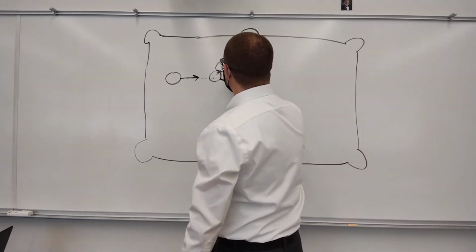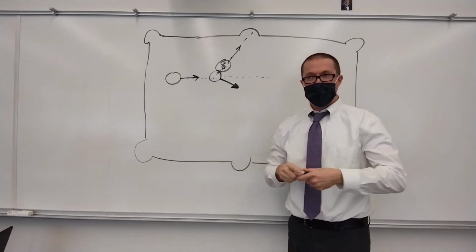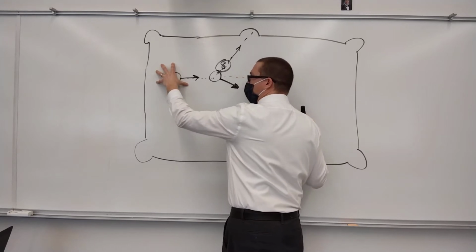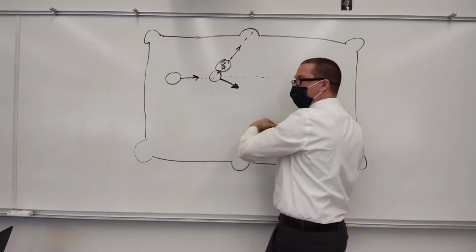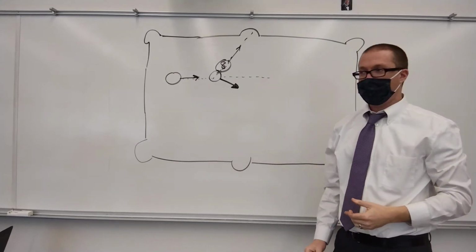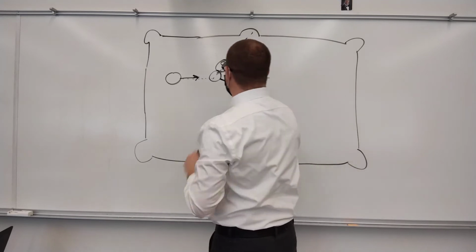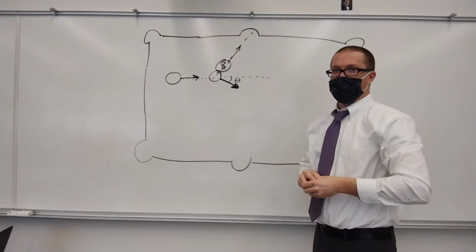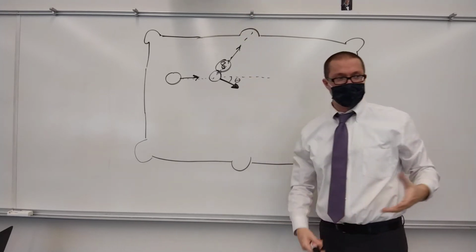So a couple bits of terminology here to get you started. This is the incoming ball, and we say that the incoming ball is deflected off of its path by a certain angle theta. We would actually call it a deflection angle, right? So when a ball is moving and hits something else and changes its path, it's been deflected.